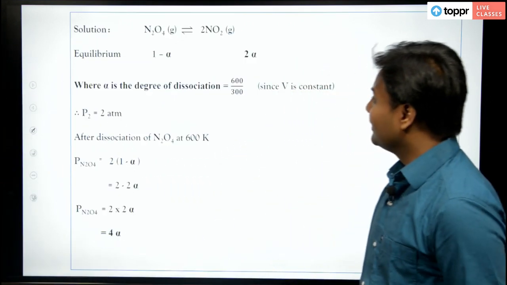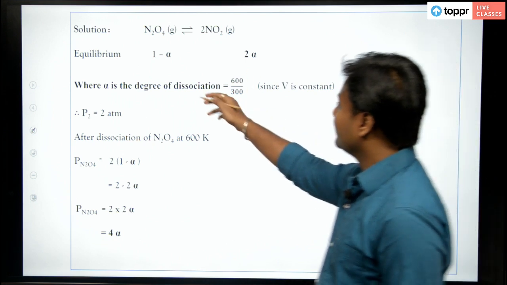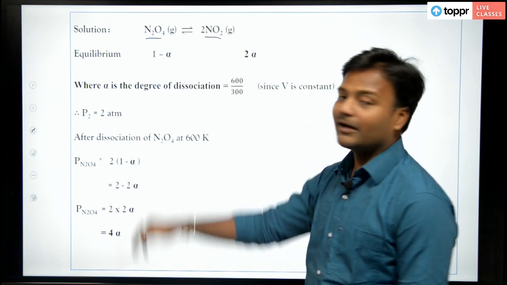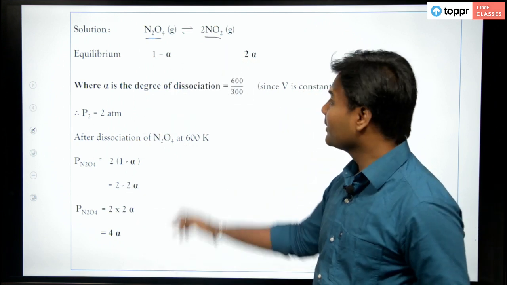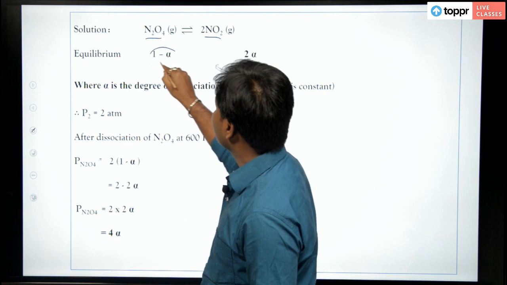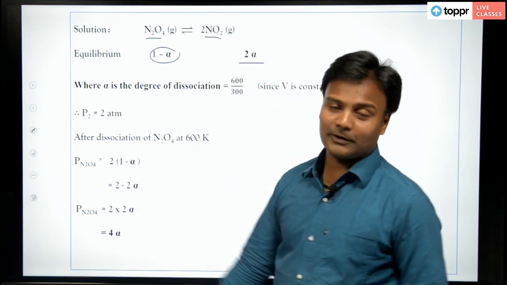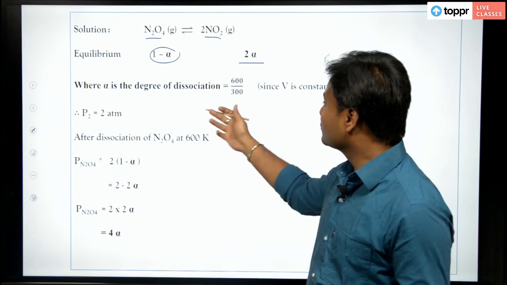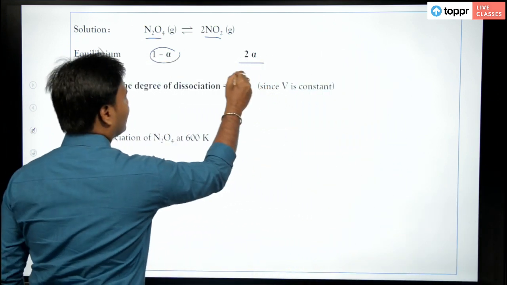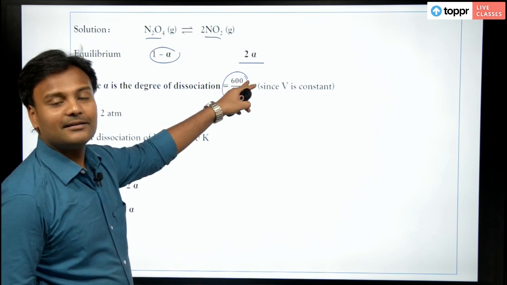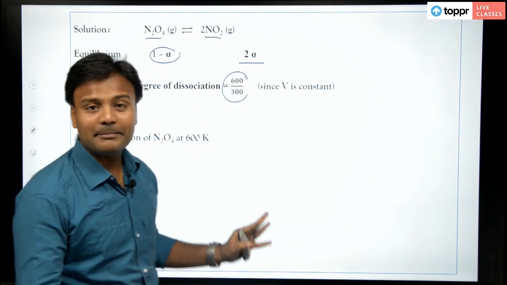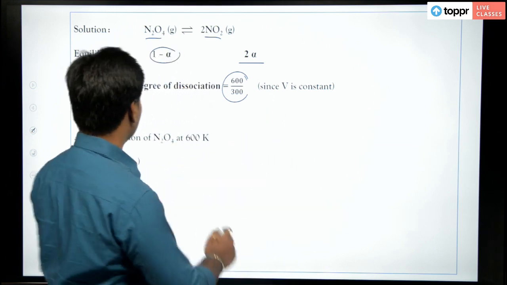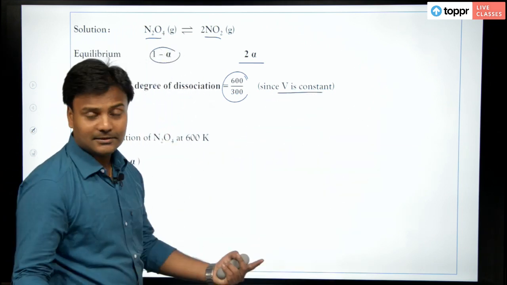Okay, let's see. When N2O4 is dissociated to NO2, that is 2 equivalents of NO2, say this is 1 minus alpha and this is 2 alpha. What is alpha? Degree of dissociation. The initial temperature was 300 and it is increased to 600, while the volume is kept constant.